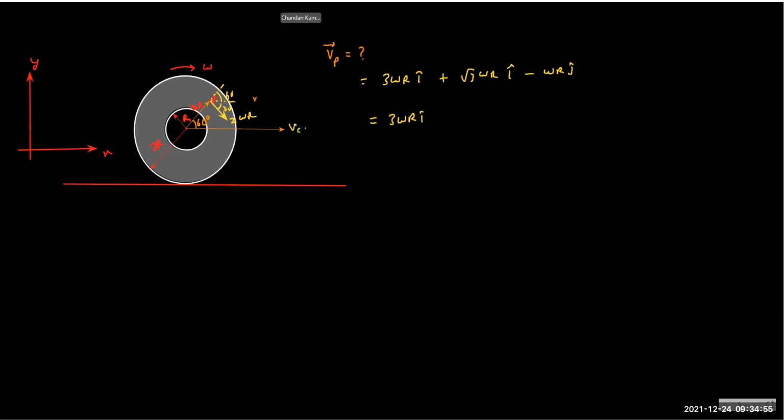So this will be 3 omega r, and the 2 omega r cos 30 will come, which is root 3 omega r i cap. And then 2 omega r cos 60 or sin 30, it's the same thing. Yeah, that's correct. Okay.